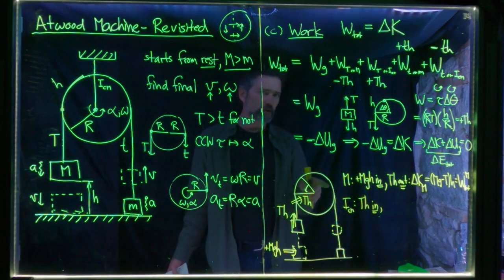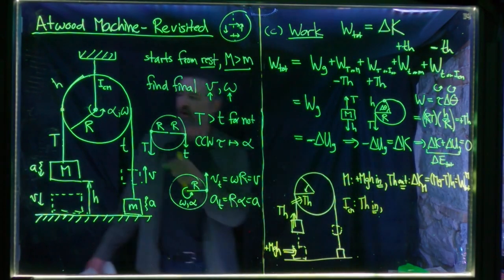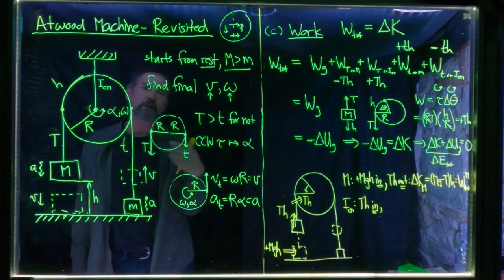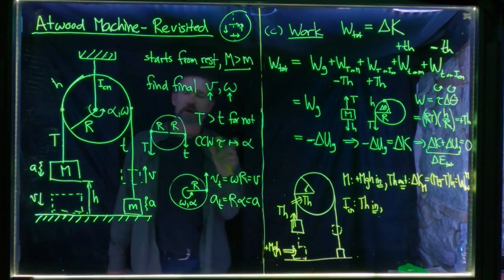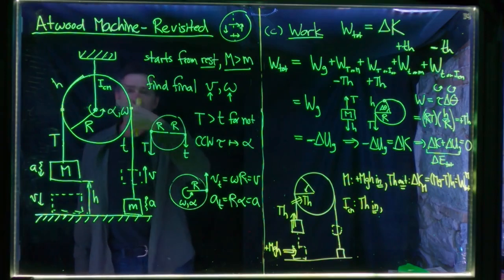And then what flows out? Well, let's see. We have a tension t acting at this point, okay? And so that's exerting a clockwise torque, but the angular displacement is counterclockwise. And so the energy transfer is torque times angular displacement. Because they're in opposite directions, torque is this way, angular displacement is this way, it's negative.